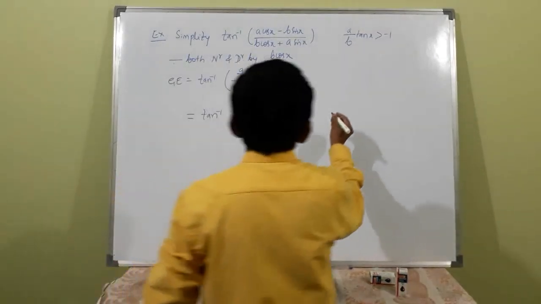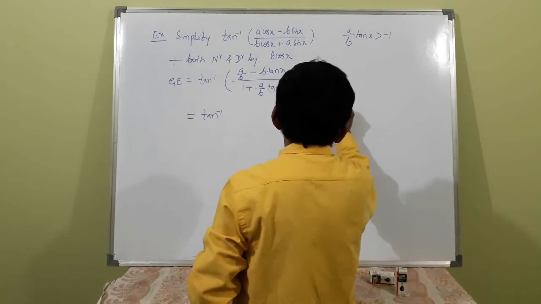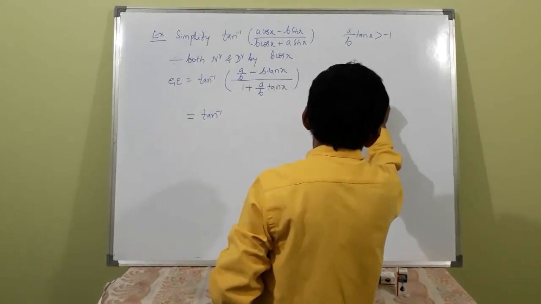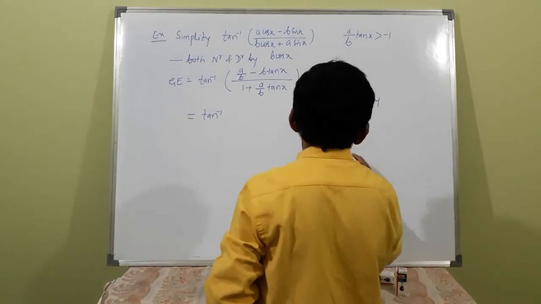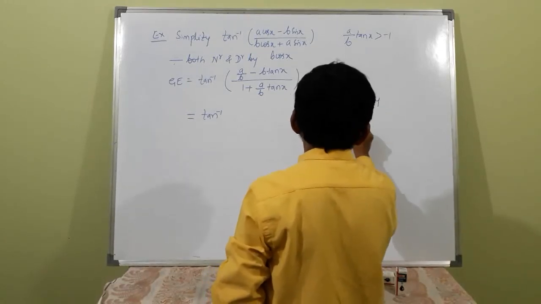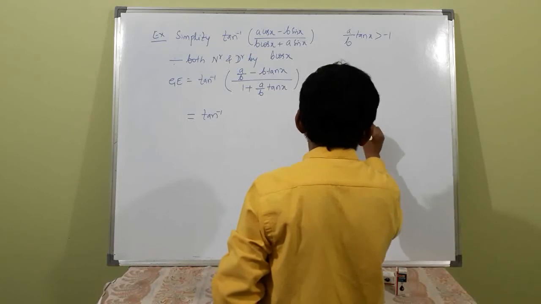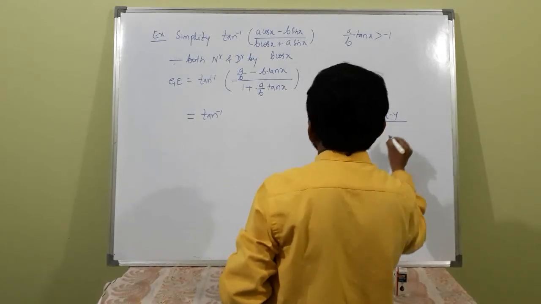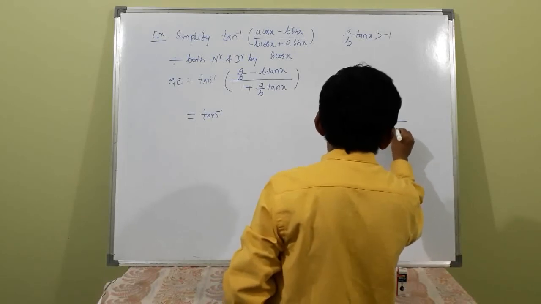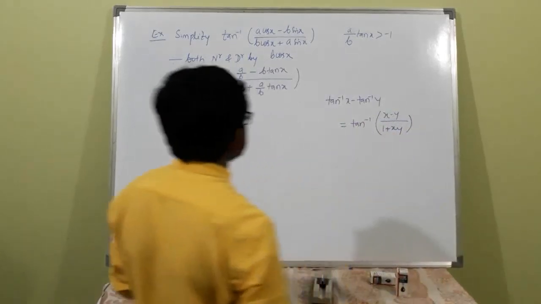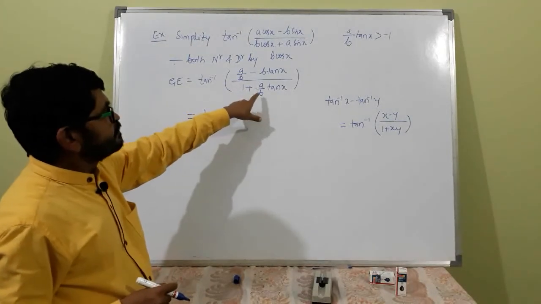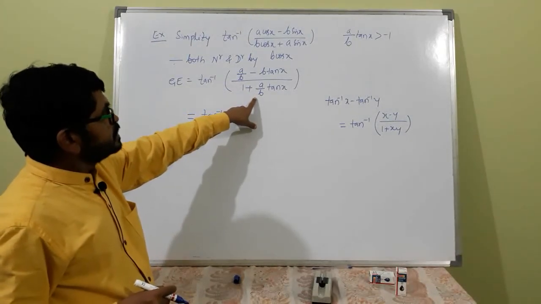See, tan inverse of x minus tan inverse of y is equal to tan inverse of x minus y divided by 1 plus xy, isn't it? So here x is a by b, y is tan x.